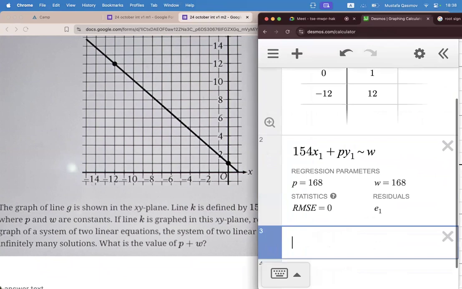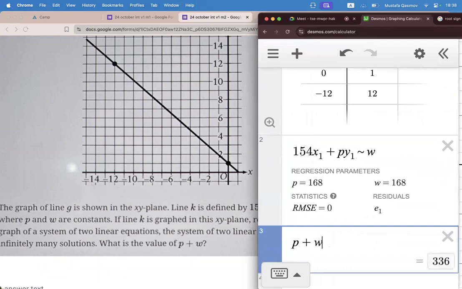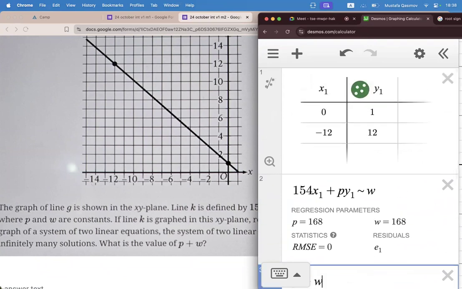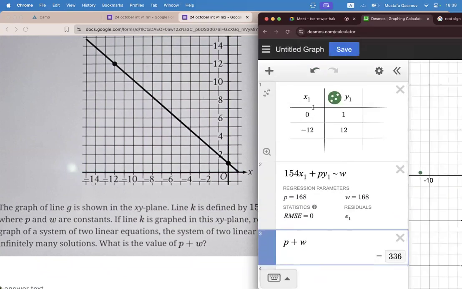Then it will be like this, P plus W. So the answer is 336. Okay, it's solved. Look at this solution for once, then we will continue.